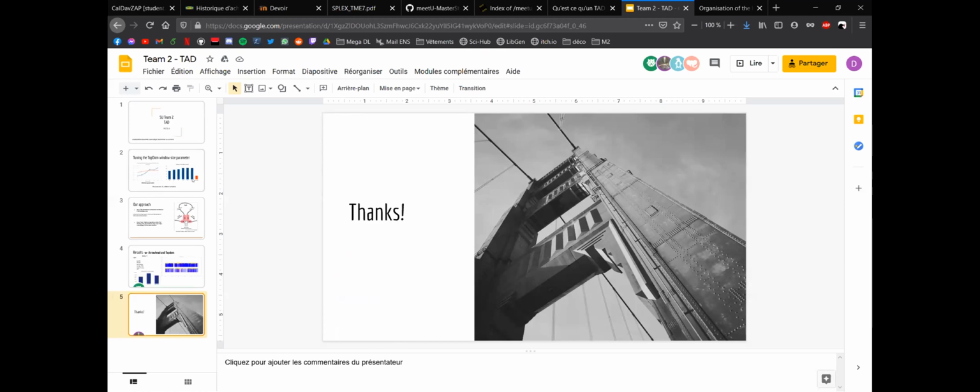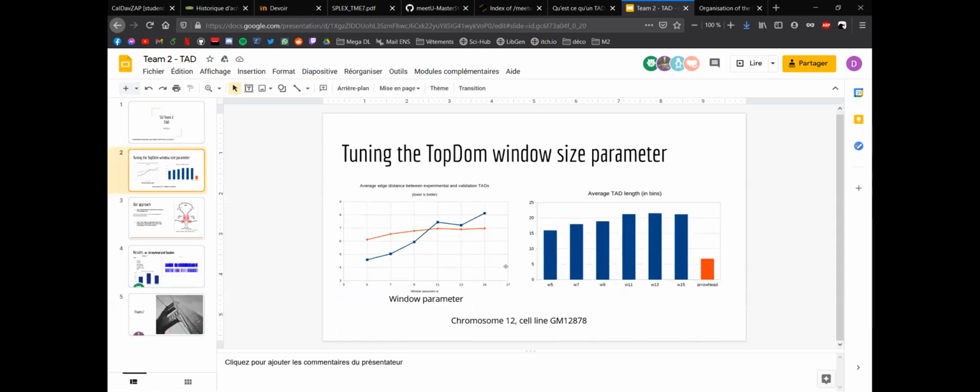Okay, so the first one, as I said, was that when we look at the results given by TopDOM, the TADs that we find are significantly larger than the ones in the Arrowhead data that was provided for us and that we have to match as well as possible. So that is the first problem we're having at the moment.